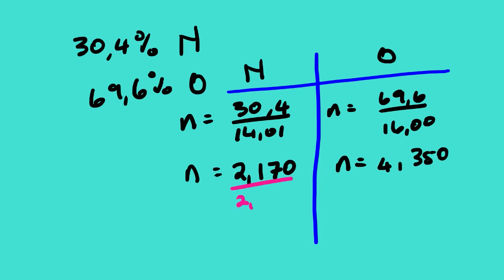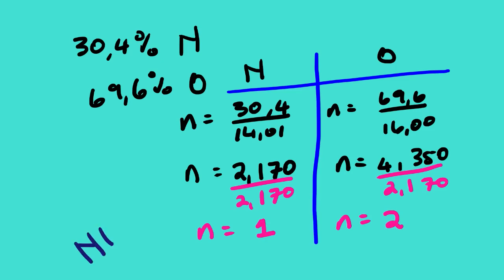So you are going to divide both by 2.170. Then we get 2. So this will be N1O2. This is the empirical formula. I hope you got it correct.